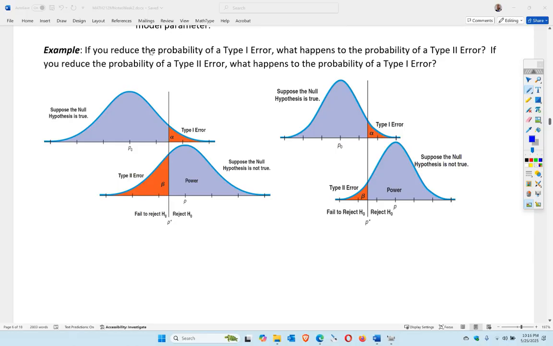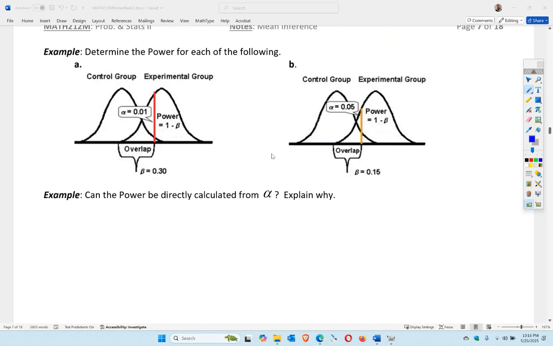So basically, if you reduce the probability of type 1 error, you're going to increase the type 2 error, right? There's not a win-win situation. That's what we're trying to get down to. One affects the other. Can the power be directly calculated from alpha? No, it cannot. Not with what we have so far.